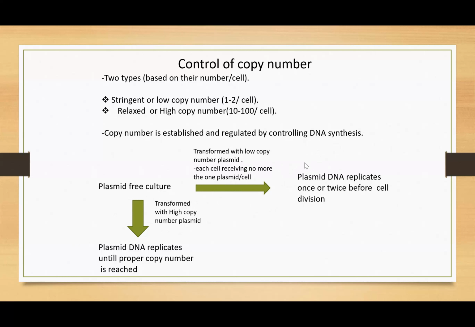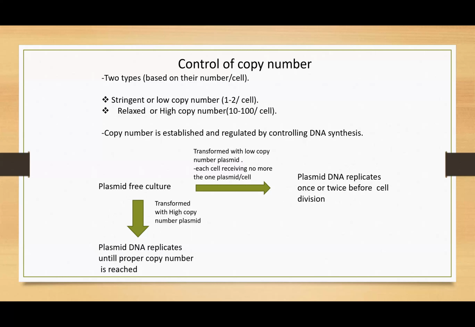After the transformation, when the plasmid number was checked, in the batch of cells transformed with a low copy number plasmid, the plasmid replicates once or twice and then stops. But in the batch of cells transformed with a high copy number plasmid, the plasmid continues to replicate until it reaches a number which it maintains in a cell.